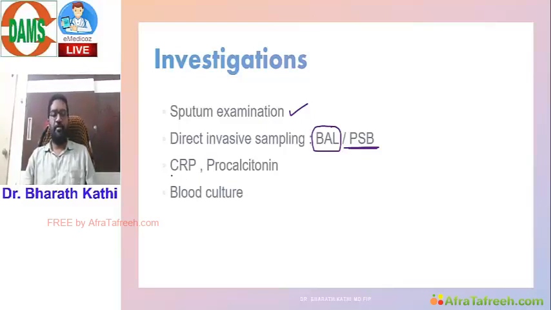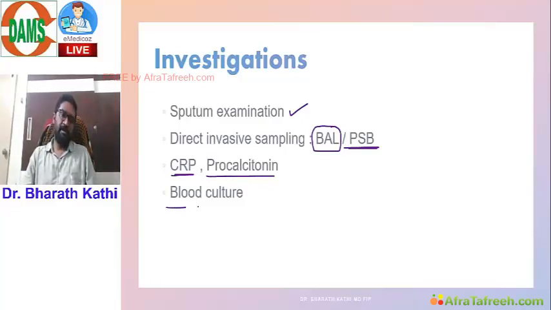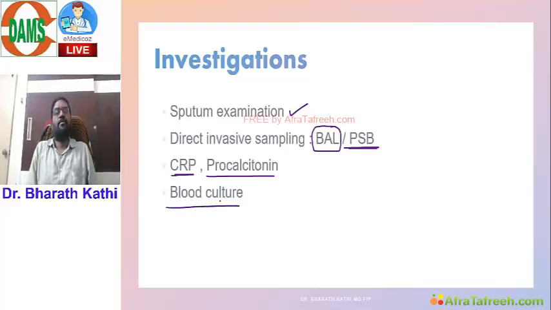Then CRP. CRP will give you a rough idea regarding the progress of the infection. Serial CRPs and serial procalcitonin can help you to reduce the antibiotics, and also blood culture to identify the organism. So these are the simple investigations. No need for any fancy investigations in nosocomial pneumonia. Sputum examination, if sputum is available, send it for culture.